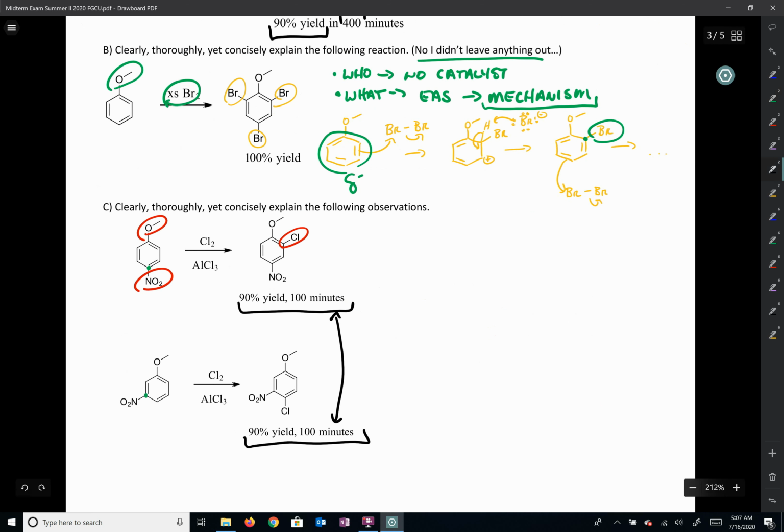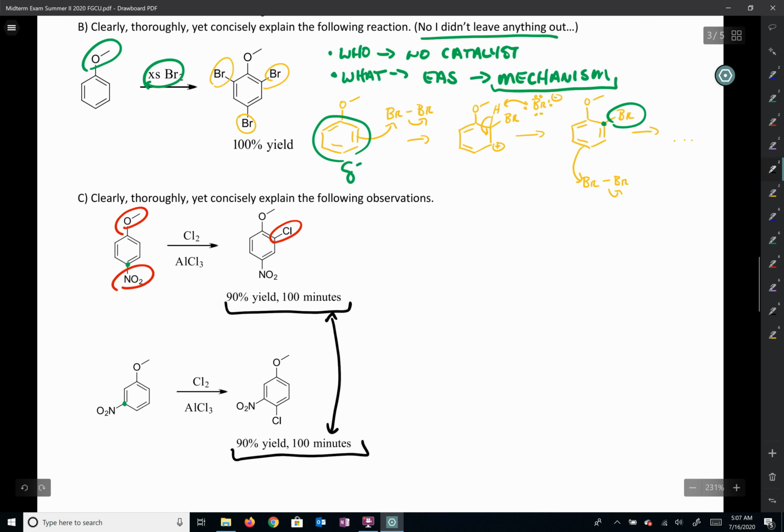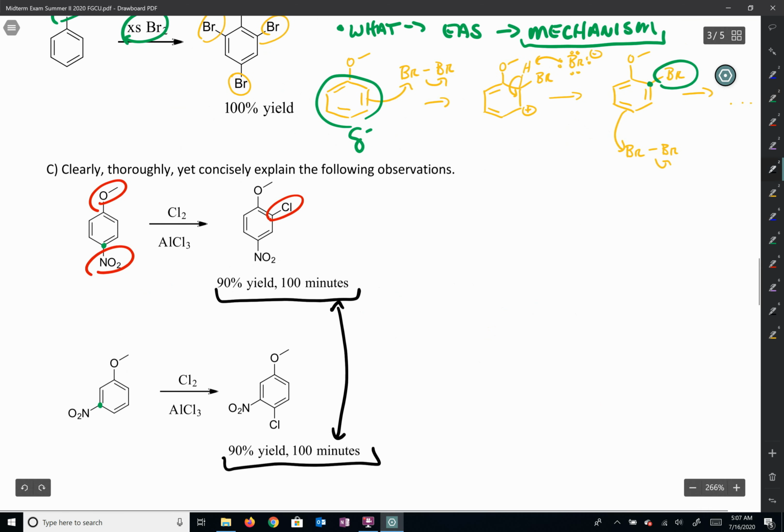It tells us that the position of the deactivator doesn't affect anything. Oh, that's interesting. Whether the nitro group is para or meta to our activating ring, it doesn't change the kinetics in this case. What does that mean?